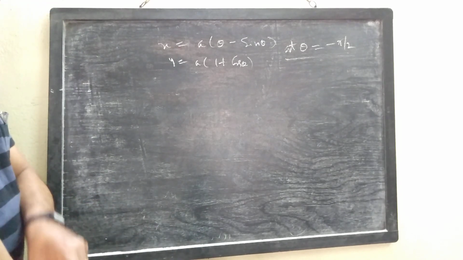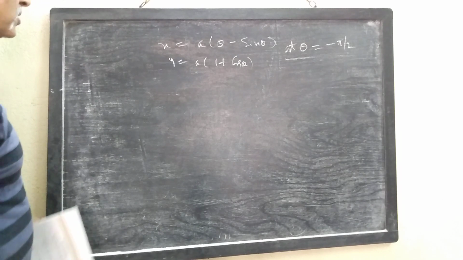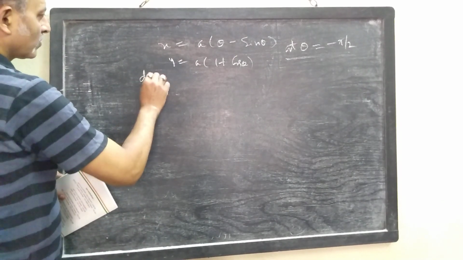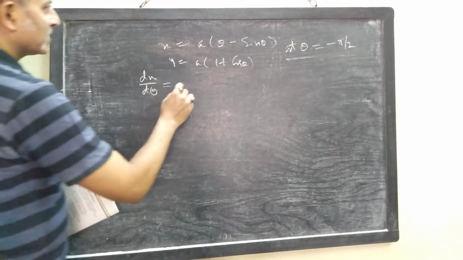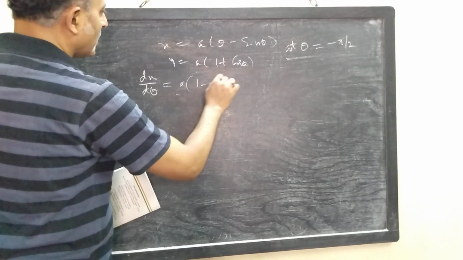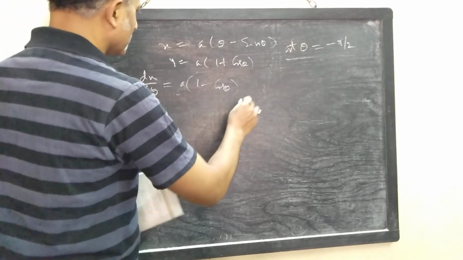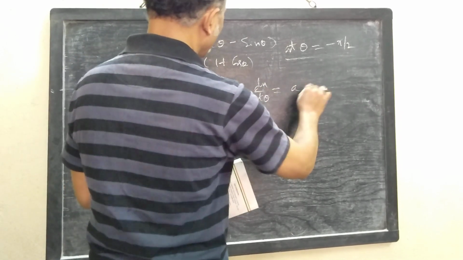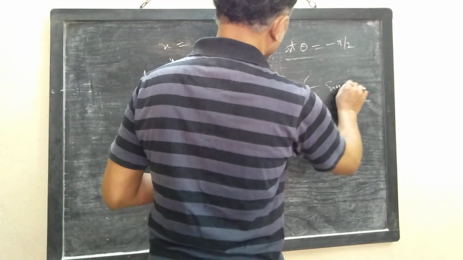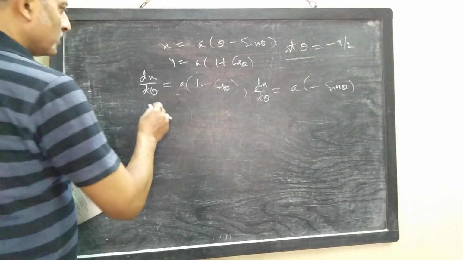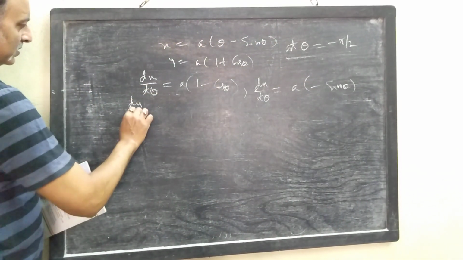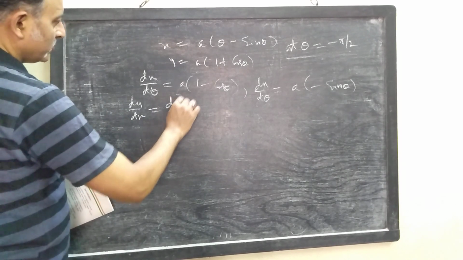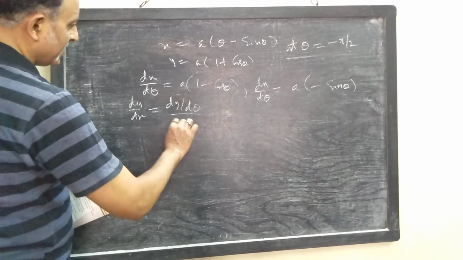So your first duty is to find dy/dx. So now dx/d theta will be a into (1 minus cos theta), and dy/d theta will be a into (-sin theta). So your dy/dx, you know, is (dy/d theta) by (dx/d theta).